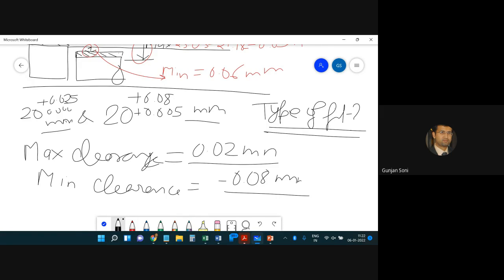Now we talk about system of limits and fits. So we are going towards the actual usage of it, how it is used in industry. Okay, so I think I'll share the slide now because it will be much easier to make you understand that. So I'll be using the slide now.